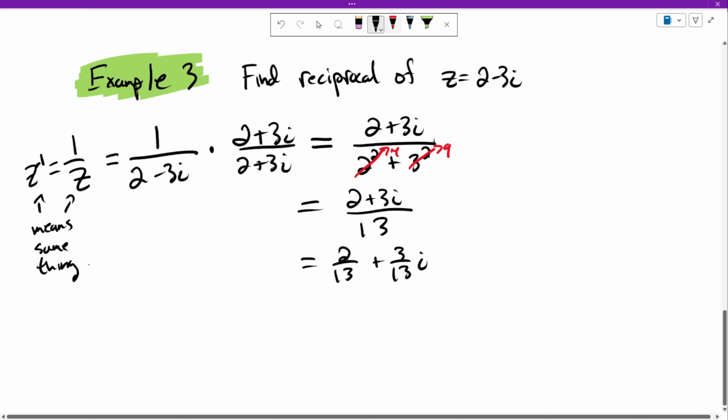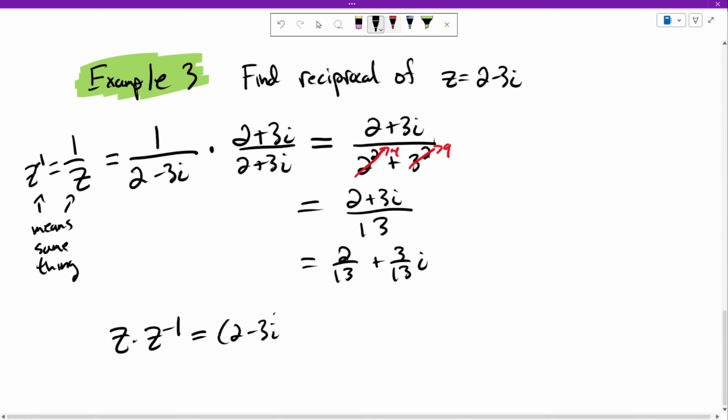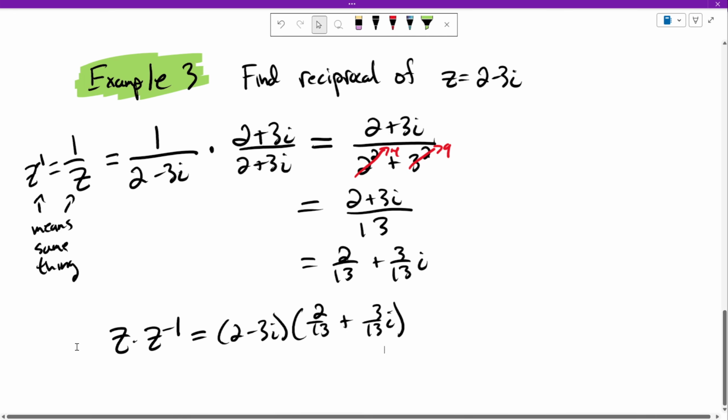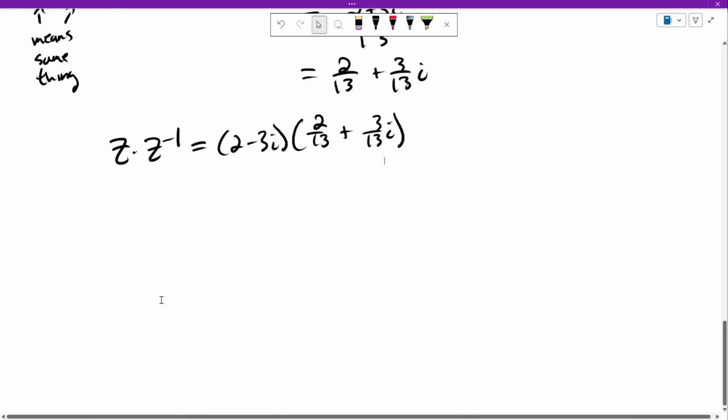Now what's special about this is when we take z and we multiply it with z inverse, if there's justice in the world, this should be a 1. So let's check. So that's z. And here's our z inverse. And we agreed that whenever you're multiplying complex numbers, you just FOIL and remember that i squared is negative 1. So we're going to get 2 times 2/13.